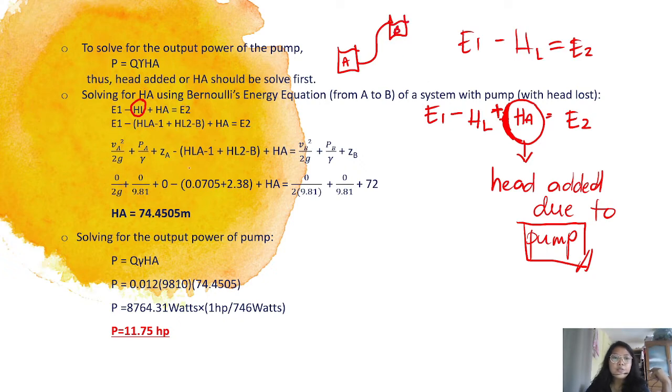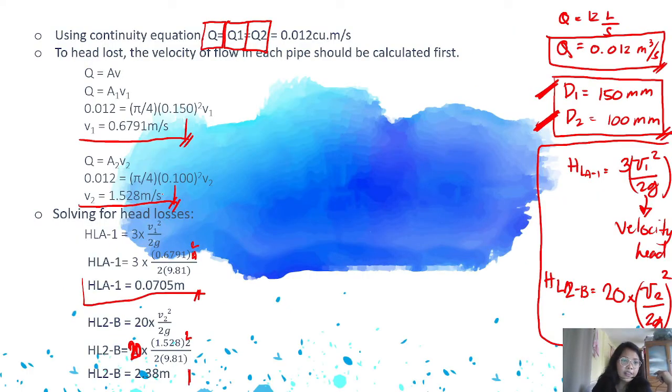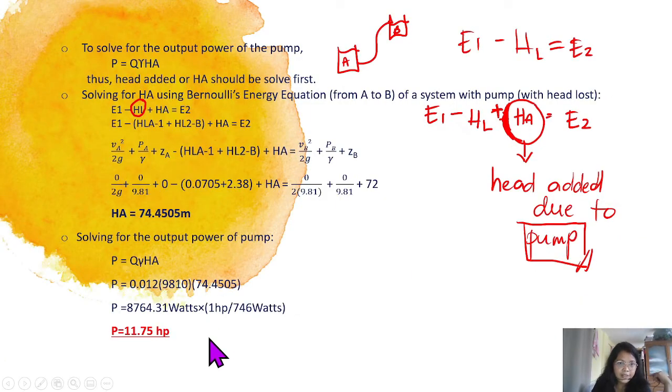So, kung meron tayong dalawa kanina, yung 3 times the velocity head, tas 20 times the velocity head, na ito na nga nakuha natin, solving for head losses, considered yan lahat. Kasama yan. Walang iwanan. Okay? Sama-sama tayo at walang mag-iiwanan. Okay. So, kasama yan, HLA, that is summation of all the head loss plus the HA due to the pump and then is equal to E2.